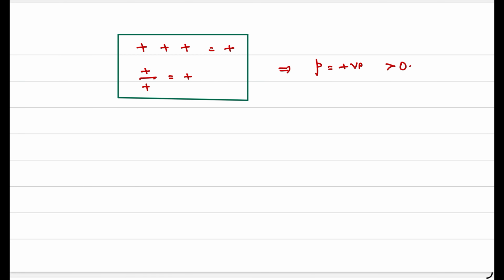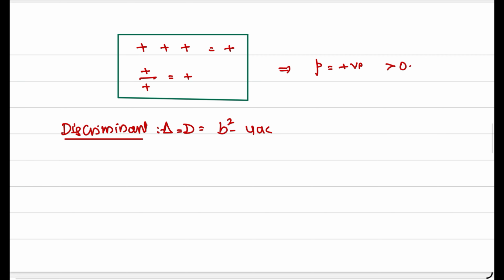And there is one term called the discriminant. In quadratic equations, that is D. D is equal to the discriminant, b square minus 4ac, or we can even represent it by delta. Here the condition is that the roots are positive.